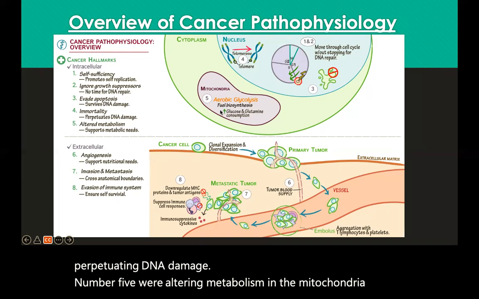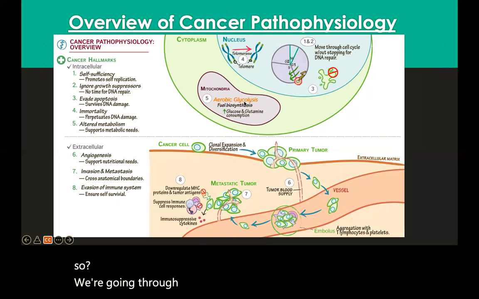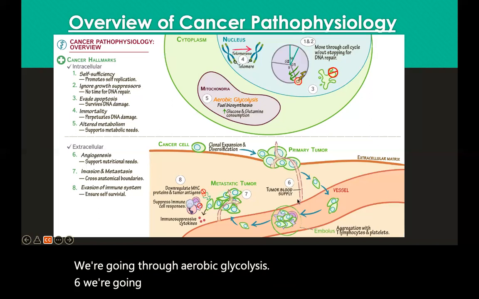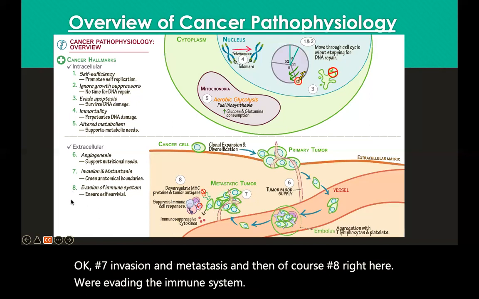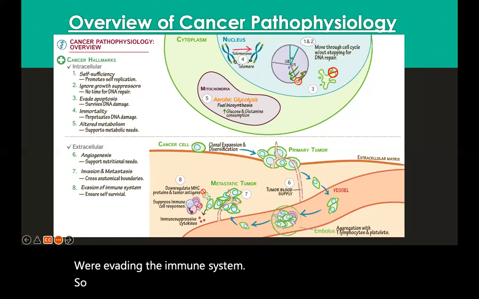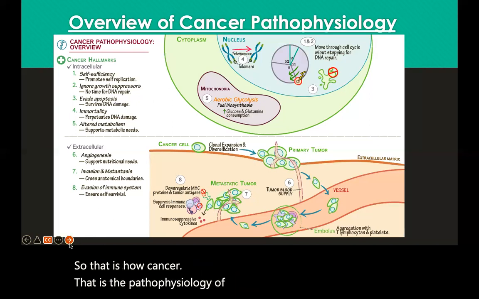So we're going through aerobic glycolysis. Number 6, we're going through angiogenesis. Number 7, invasion and metastasis. And then, of course, number 8 right here, we're evading the immune system. So that is the pathophysiology of cancer in a nutshell.